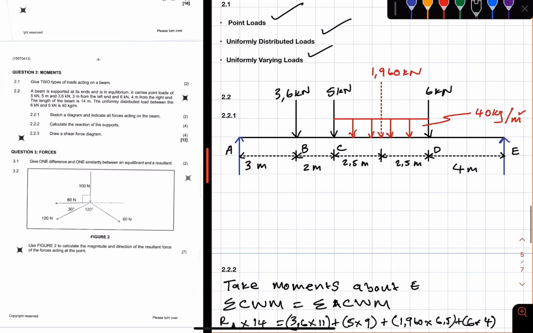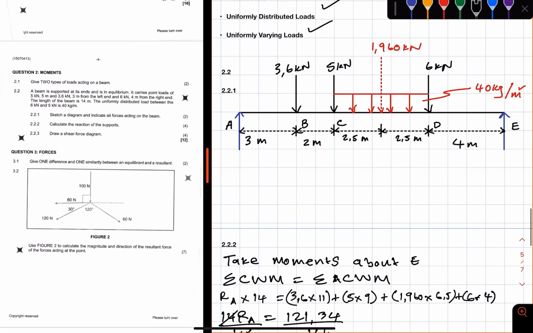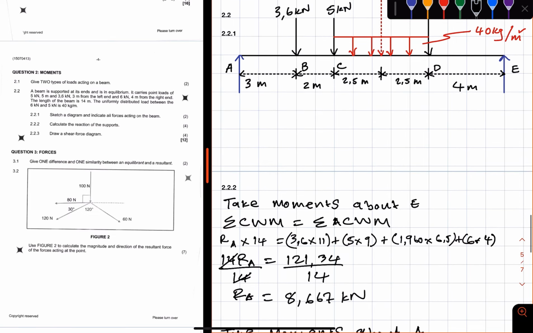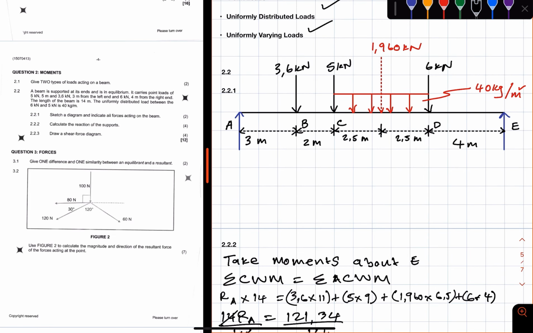Now again, when you're taking moments, you investigate the turning effect each force or each point load and each support is going to have about the point in which you are taking moments. So the point in which you are taking moments is A, right? So what turning effect does each point load and support have towards point A? The reaction at E is going to have this turning effect, which is what?